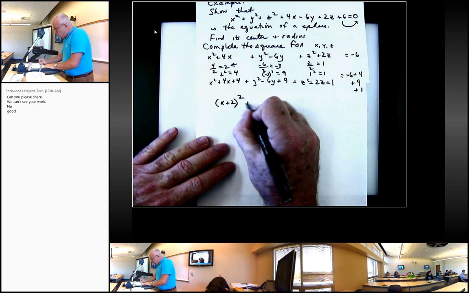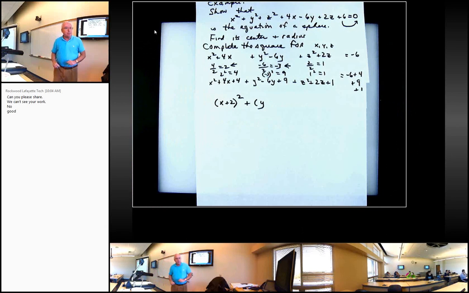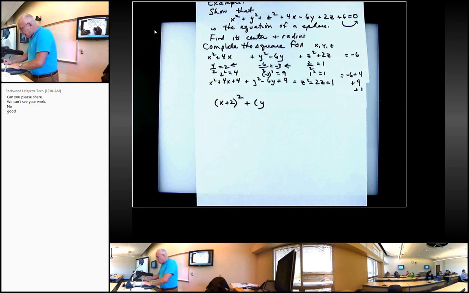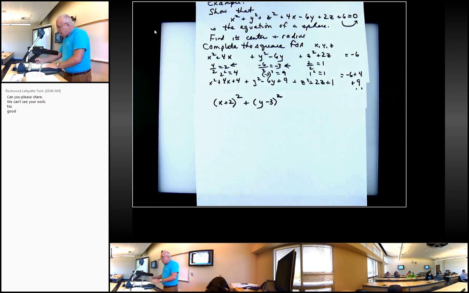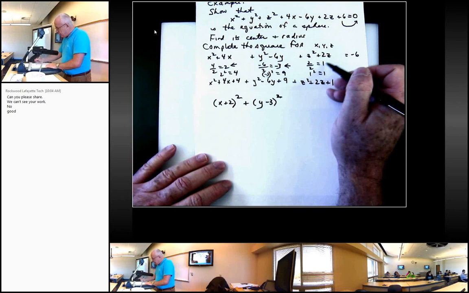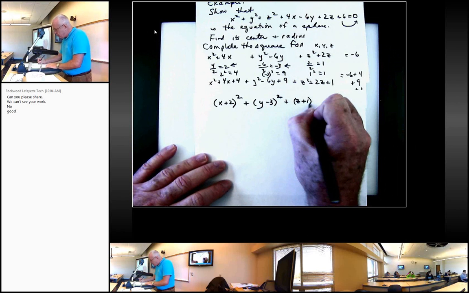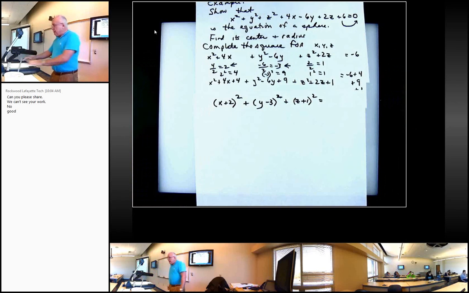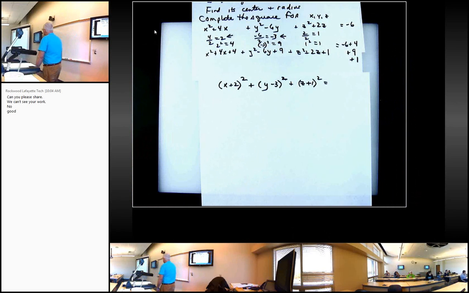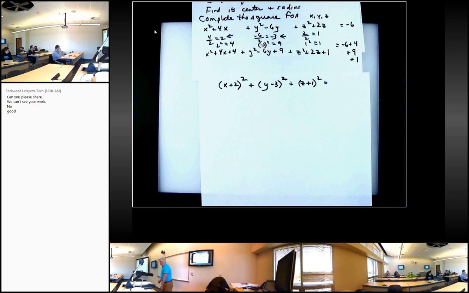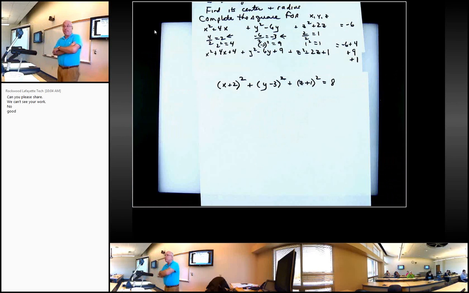Plus, now y, we got a negative 3 when we divided by 2, so it's going to be y minus 3 in parentheses squared. And then we got a 1 when we divided the 2 by 2, so that'll be z plus 1, parentheses squared. And then we combine all the numbers that we had there. That's 14 minus 6, so we end up with an 8 over on the other side.